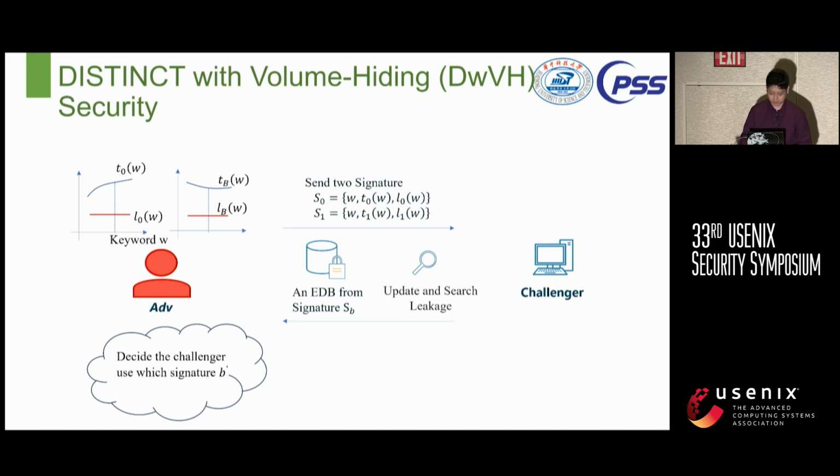The distinct volume security contains the adversary and the challenger sides. The adversary will send two signatures that include the keyword space and the relation of one keyword according to all values, and of one keyword according to the distinct values. After the challenger receives the two signatures, he randomly chooses one signature to construct the encrypted database and then gives all leakage to the adversary.